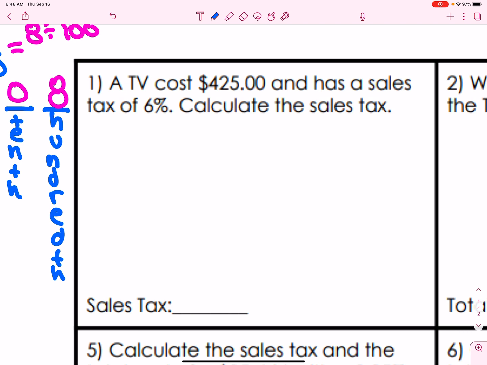All right, so a TV costs $425 and has a sales tax of 6%.